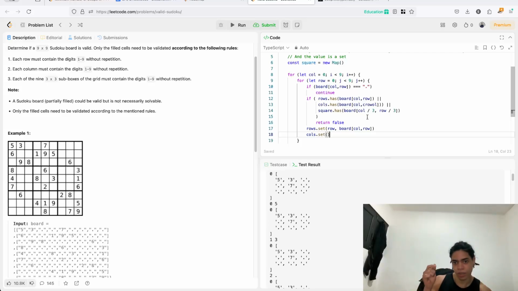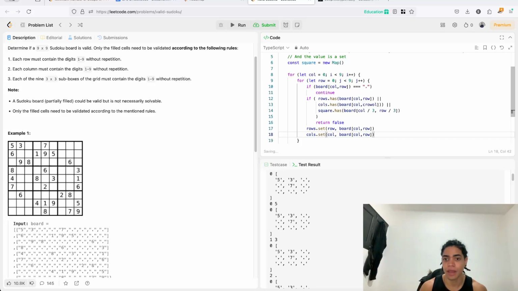This will store all the rows. So here we're going to have row 0 with these values, then row 1 with these values, and then row 2 with these values. And then the column map with column and row.